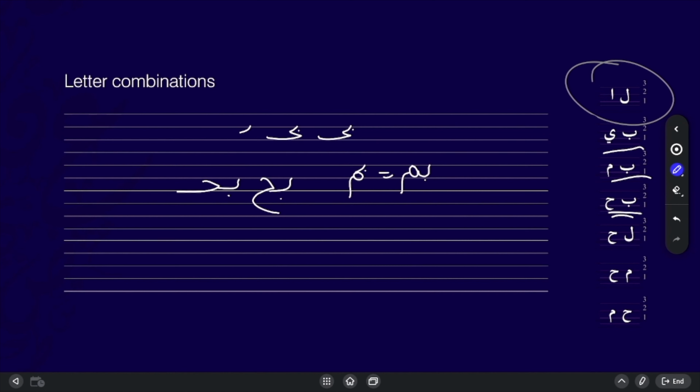Ba, I'm not going to finish, ha. Bahr, sea, bahrun, is going to look like this. See how ba and ha were merged. So if you see that in writing, don't panic, it's just the ba and the ha.